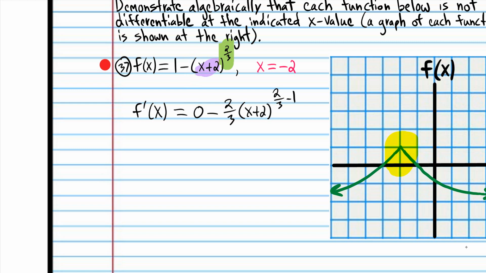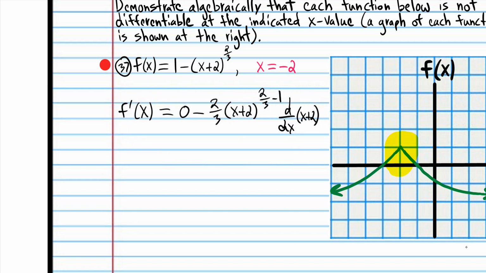So what that means is we do have to consider the chain rule. We found the derivative of the outside function and we kept the inside function, and now we're going to multiply by the derivative of the blue inside function. So we have to multiply by the derivative of x plus 2. But of course the derivative of x plus 2 is just 1. So we have negative 2/3 times x plus 2 to the negative 1/3 power times 1.